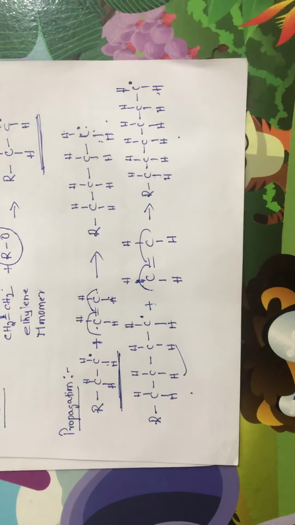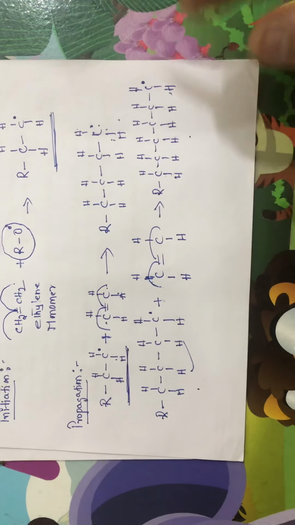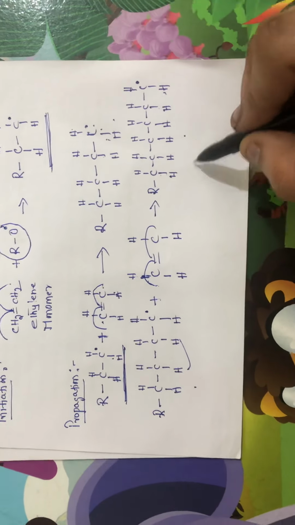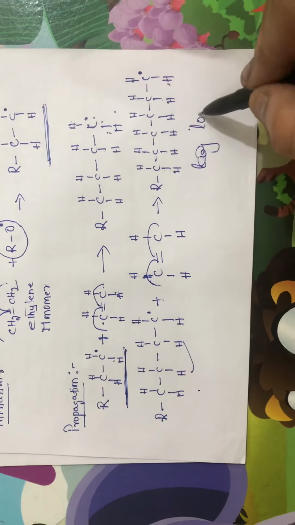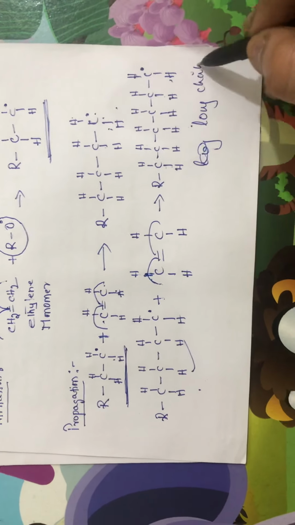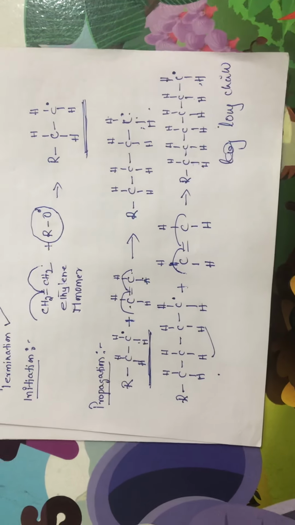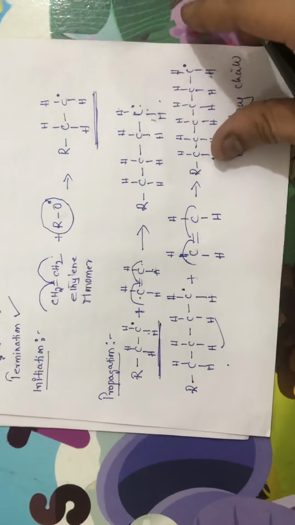You can add any number of monomeric units. The added monomeric units will join with each other, forming a long chain. This is nothing but a polymer chain, right? So this is the propagation step.